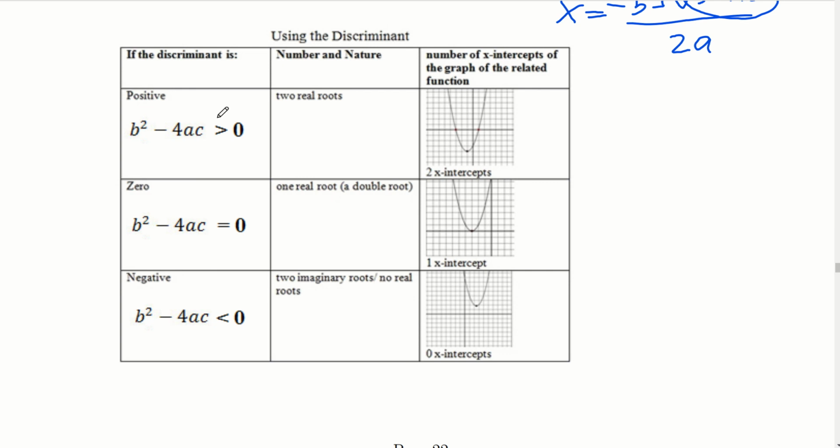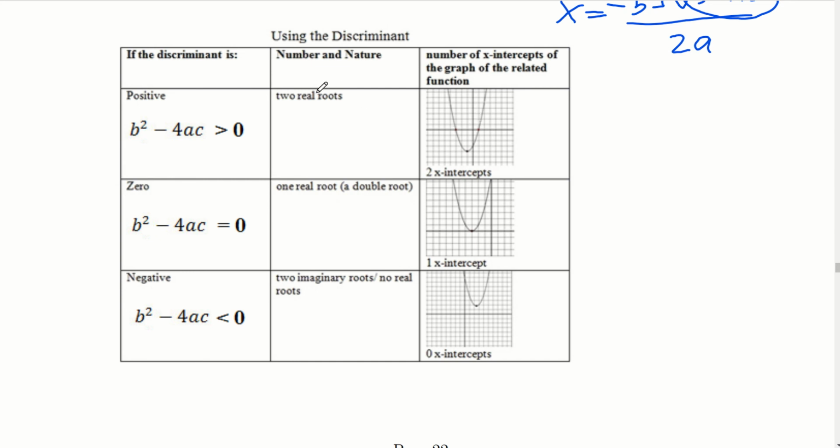When the discriminant is positive, we get two real roots. If you were to graph the associated quadratic function, the graph would pass through the x-axis on two different occasions. Those two x-intercepts correspond to the solutions of the equation.